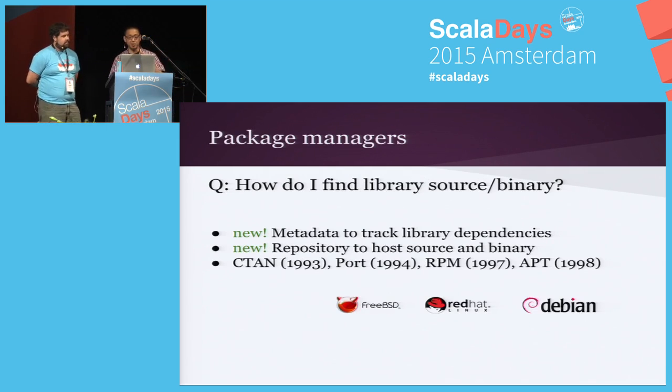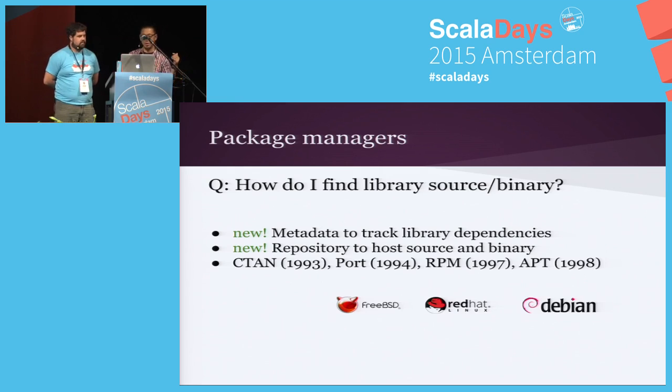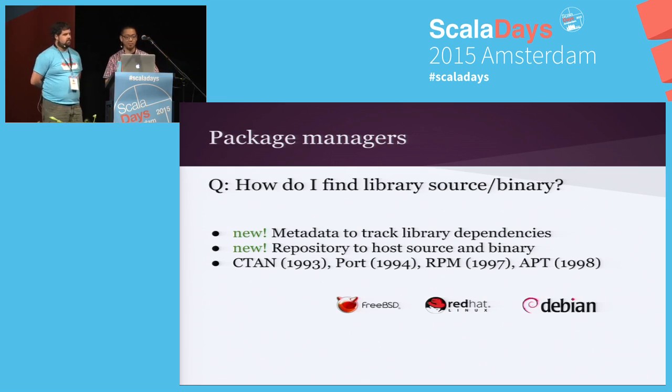So roughly around the same time, I don't exactly know which one was the first. I think the earlier one that I found was CTAN, which is, I think, the template for the TeX thing that happened in 1993. But roughly coinciding with the internet, which connected everyone's machine, there was this concept called package managers, so that you can now download the metadata to track the library dependencies.